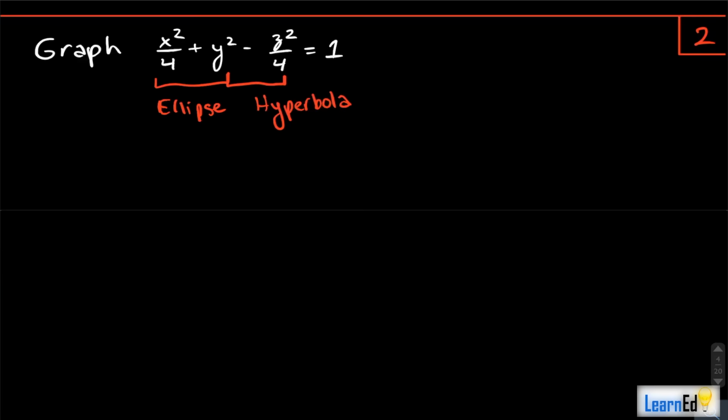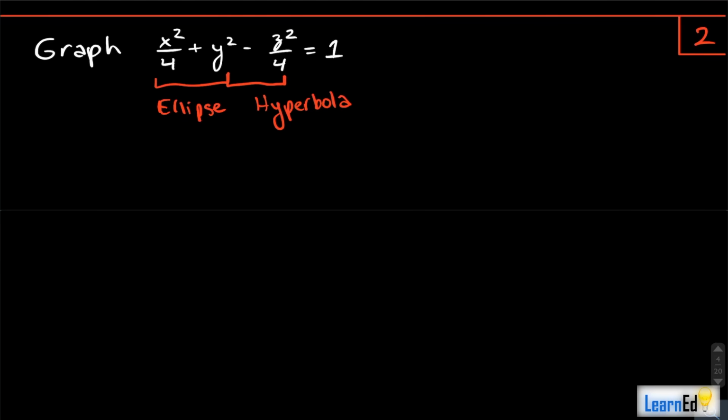So basically our quadric surface is going to consist of ellipses and hyperbolas. All we have to do to visualize this is use traces. If you end up with a quadric surface in any of these integral problems or vector calc problems, traces are going to be your best friend to visualize what's going on.